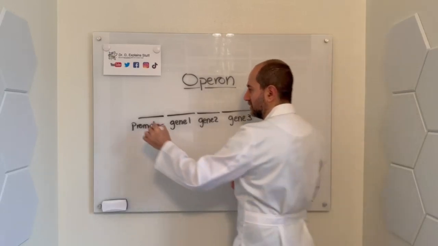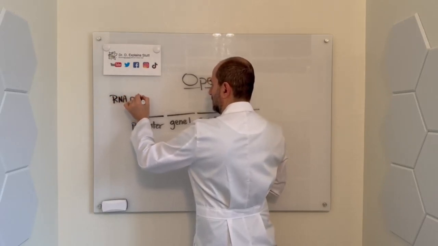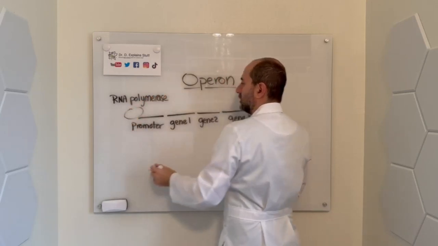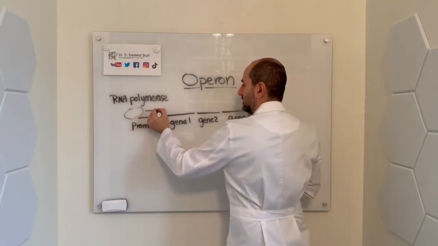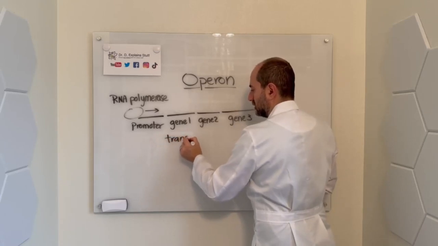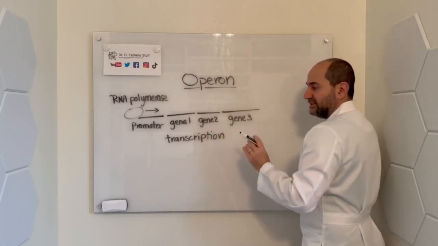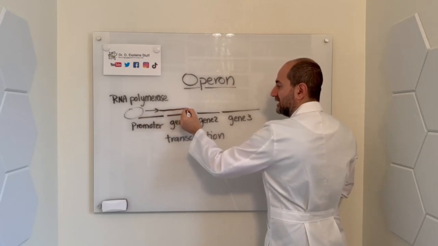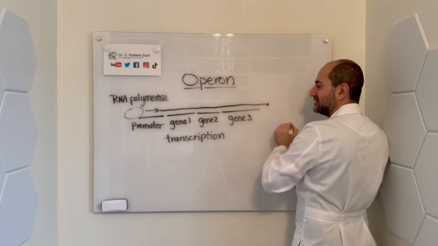This means that when RNA polymerase binds to the DNA and proceeds to transcribe, it actually transcribes gene 1, then it transcribes gene 2, and then it transcribes gene 3, and then it stops.